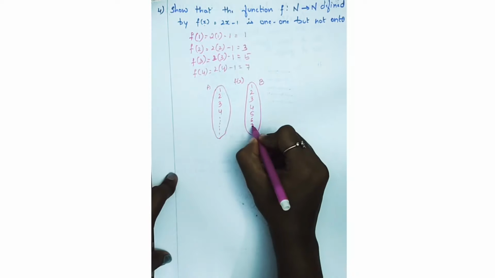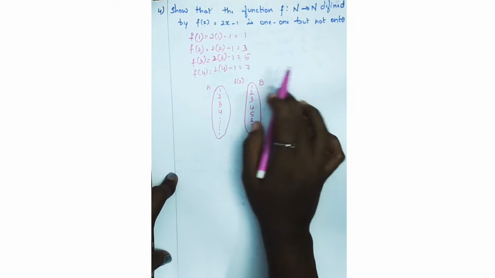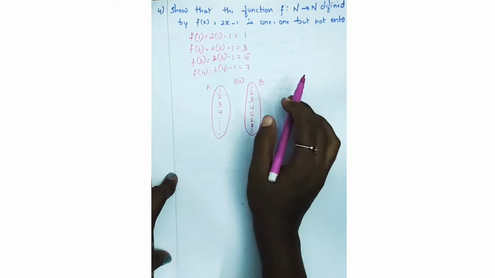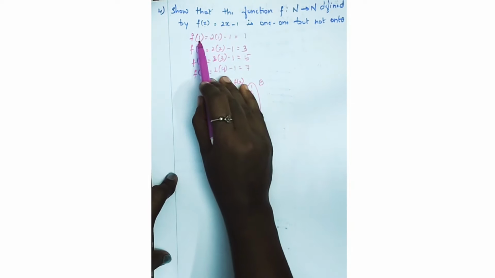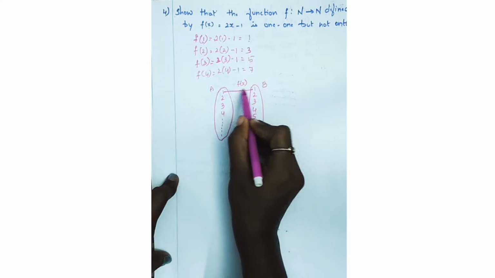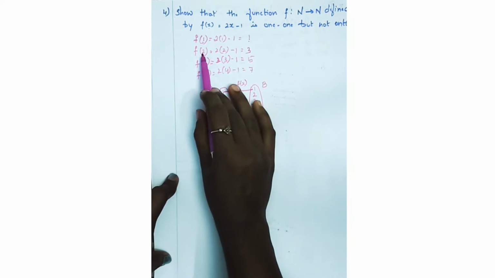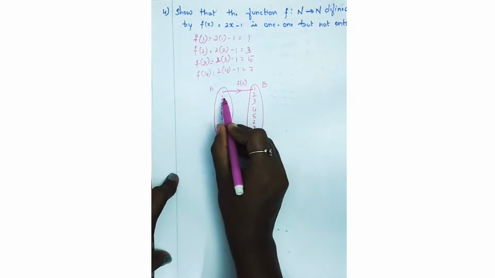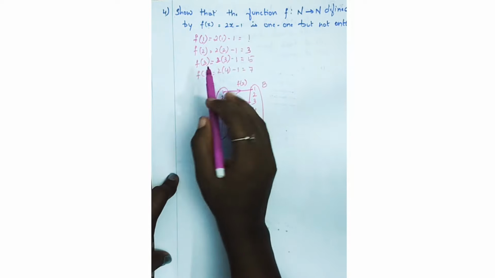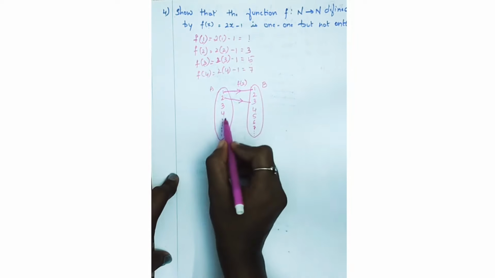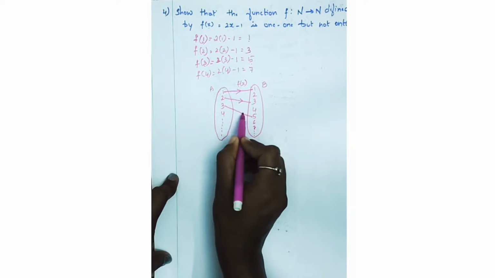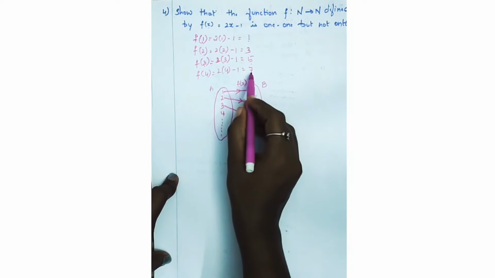Now you have to map. For 1, the f of x value is 1. For 2, it is 3. For 3, it is 5. For 4, it is 7.